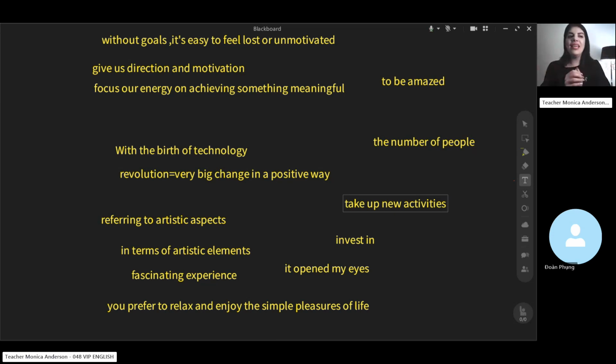Of course, you know that life after retirement can be quite different from working life. So you can mention it. Life after retirement can be quite different from working life. Then you can say it depends on individuals, their character, personal interests, and financial situation.